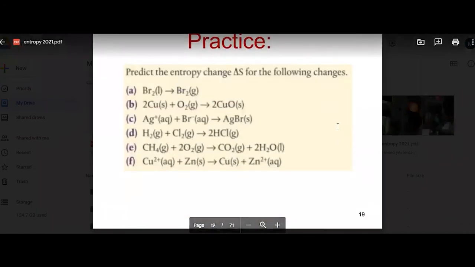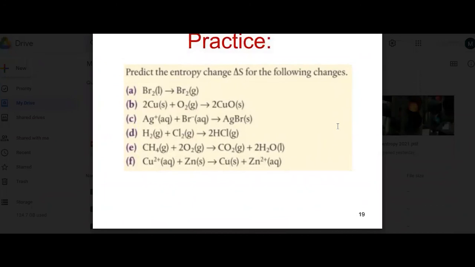Now let's see another practice question. Once again, pause the video. Okay, let's check your answer. Predict the entropy change for the following changes.